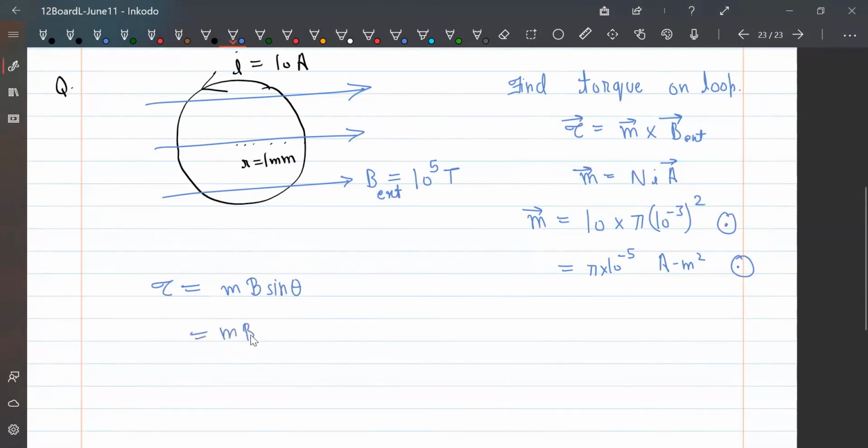This will be mB sine 90 degree, that will be just m into B. So m is pi into 10 raised to minus 5, and this is 10 raised to 5. So Newton meter will be the SI unit. So torque is just pi Newton meter, that is 3.14 Newton meter. That will be the value of torque.